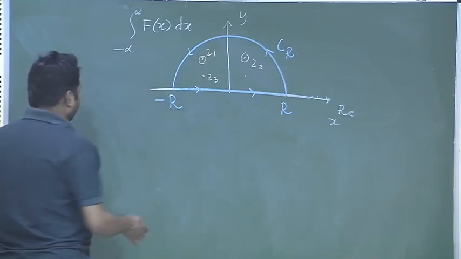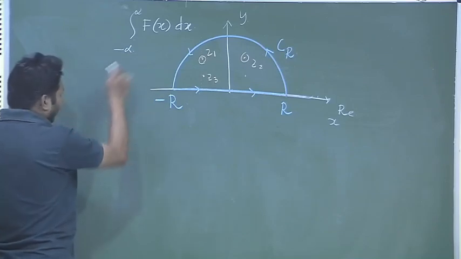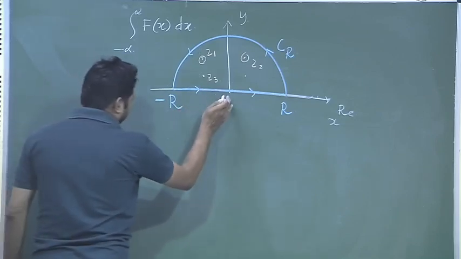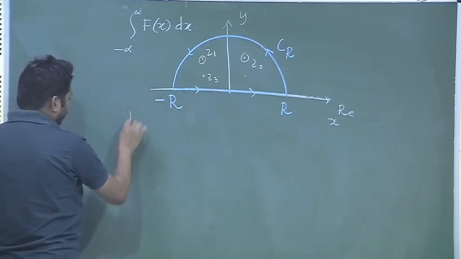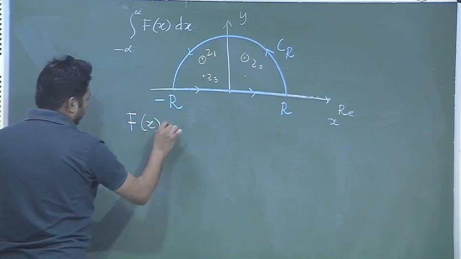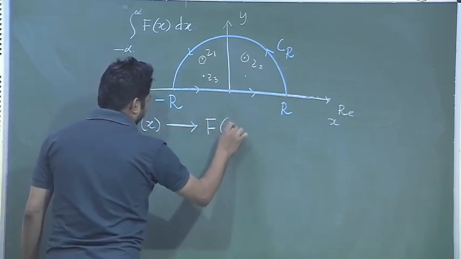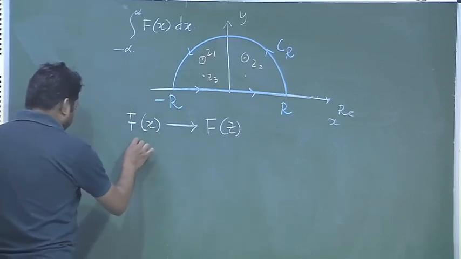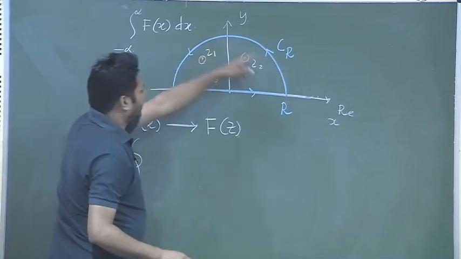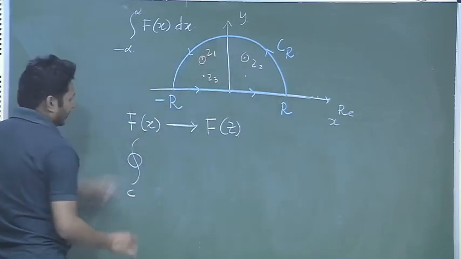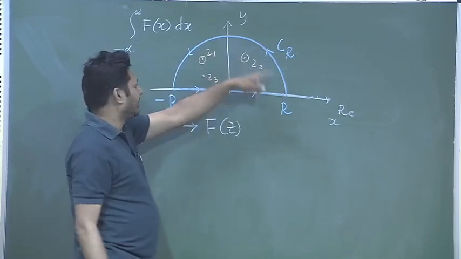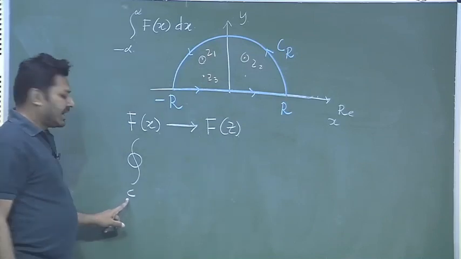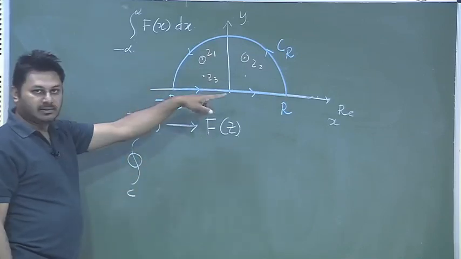I want to find this integration from minus infinity to infinity. First I change f(x) to f(z), to a complex integration. Then I take the complex integration over the closed region, the half circle cut along the real line, and call the whole thing C.